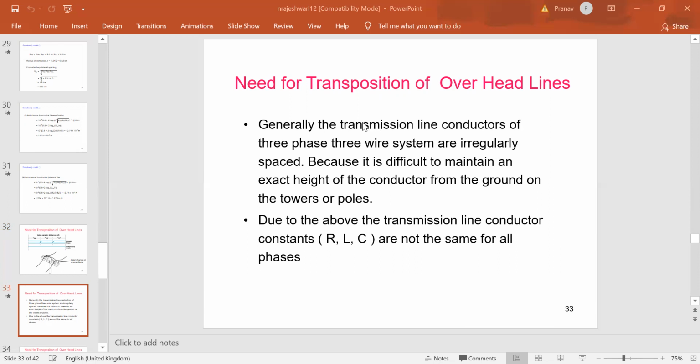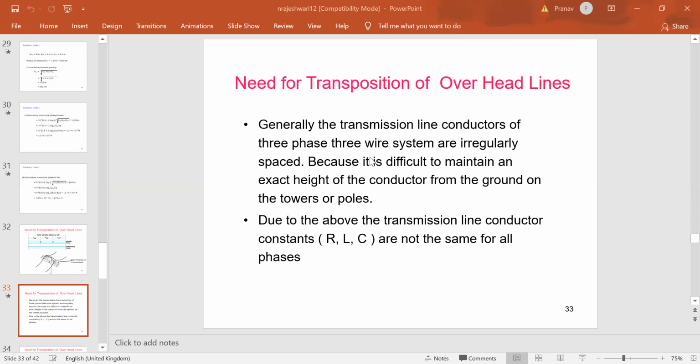So if we connect like that, with a normal connection, the three wires are unequally or irregularly spaced. The difficulty is to maintain the height of the conductor from the ground on towers or poles. So in order to maintain the exact height of the conductor, we have to use transposition of overhead lines. This is the problem.